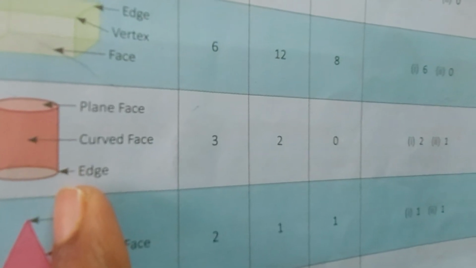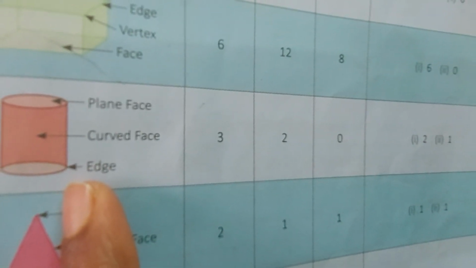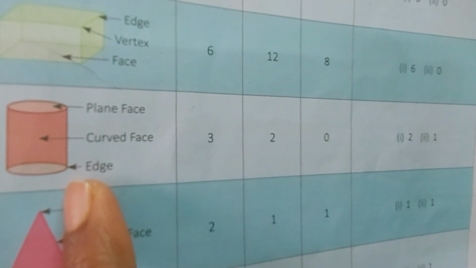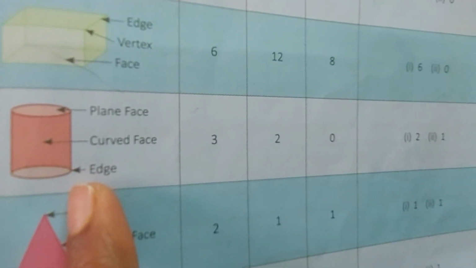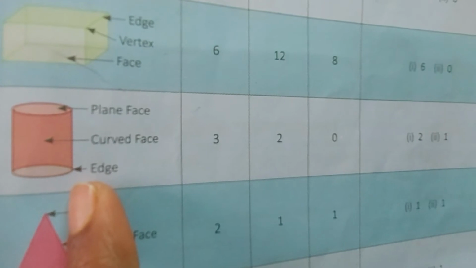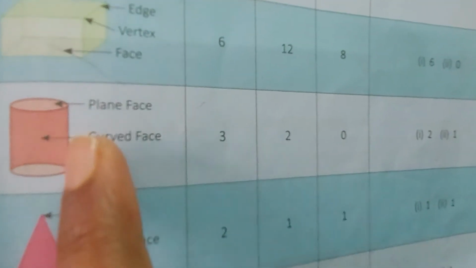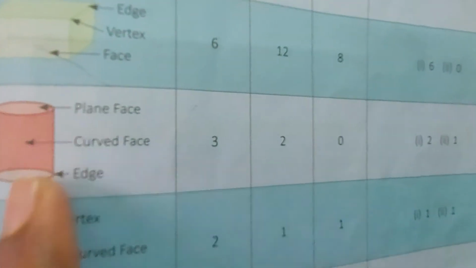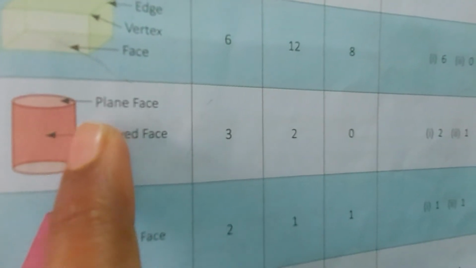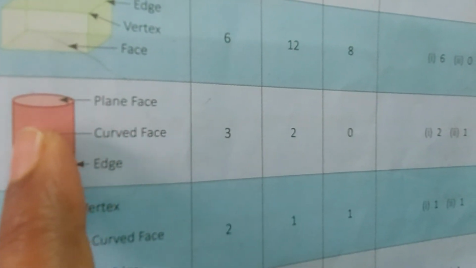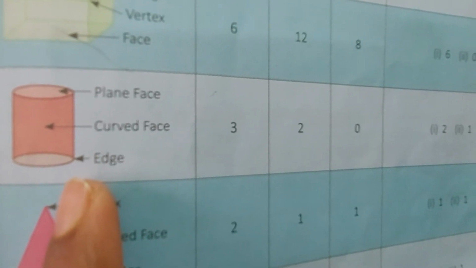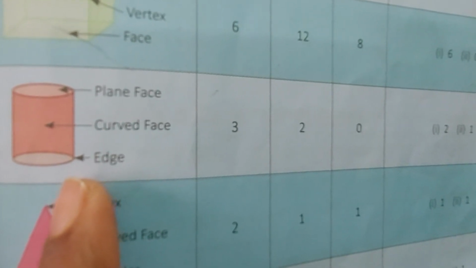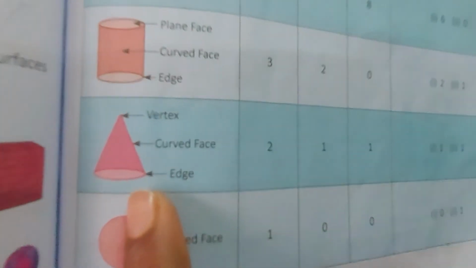This is an edge. So we have three faces, two edges, and no vertex. We have two plane faces, and one is this curved face. So we have three faces, two edges, and no vertices.